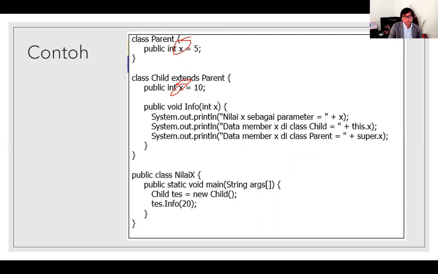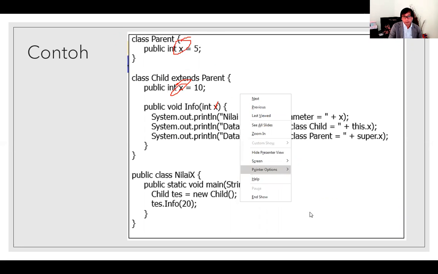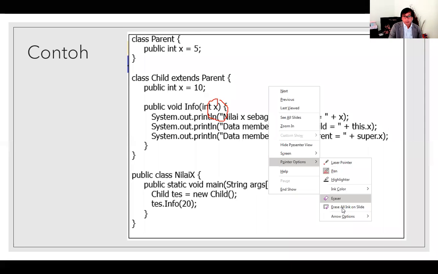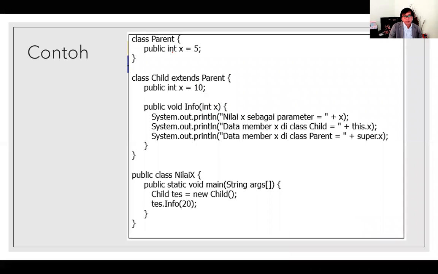Also in the method we are using a similar parameter name, which is also X. So we have a parent attribute called X, a child attribute called X, and a parameter called X. We try to differentiate the use of the keyword.